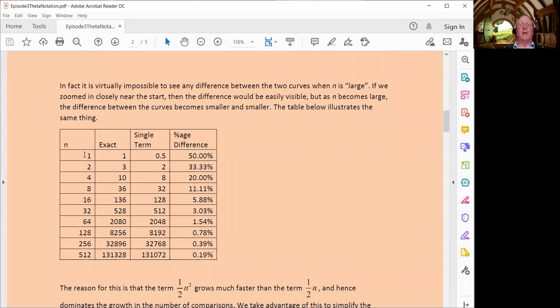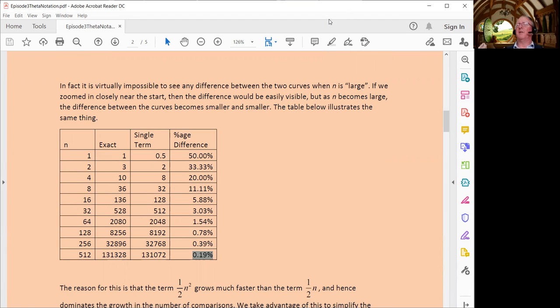I've done a table here. I've got n in this column. I've got the exact term, which is a half n squared plus a half n. This is the single term, just a half n squared. And I've calculated the percentage difference in this last column. And you can see there is a difference. Yeah, there's still a difference, and the difference is actually getting bigger. But in percentage terms, it's actually getting smaller.